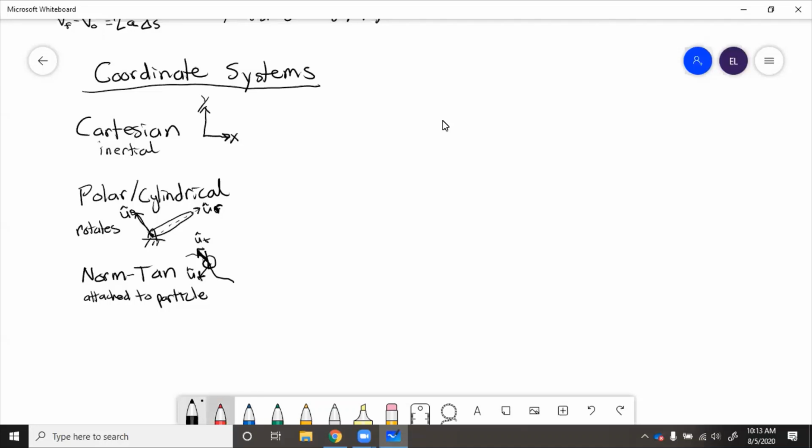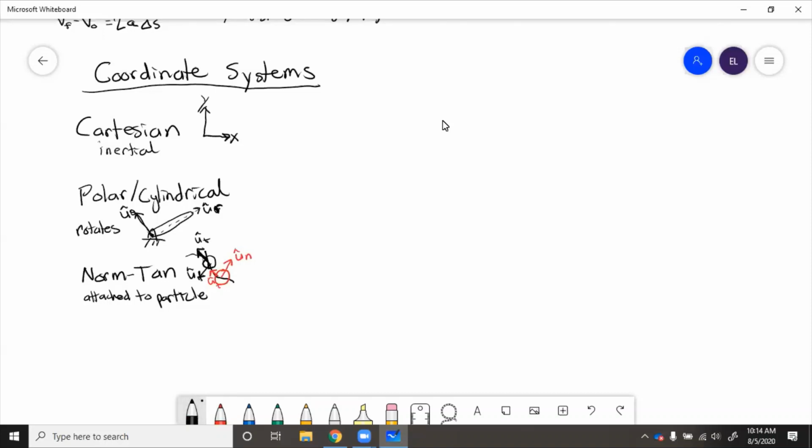So if you had the particle down here, ut would still go in that direction, but then un would go into the center of curvature, which is this way. So normal tangential coordinate frames are annoying and not very useful in most applications, so we use them as a last resort.